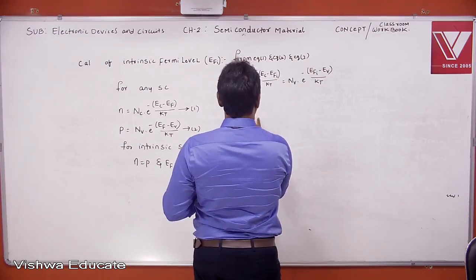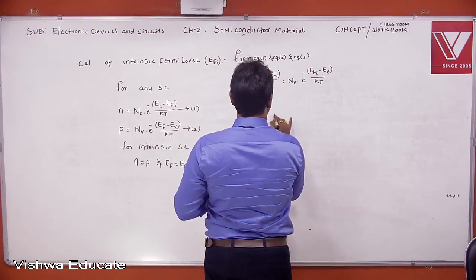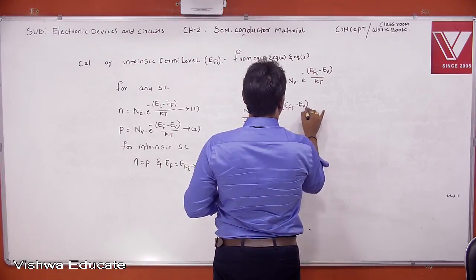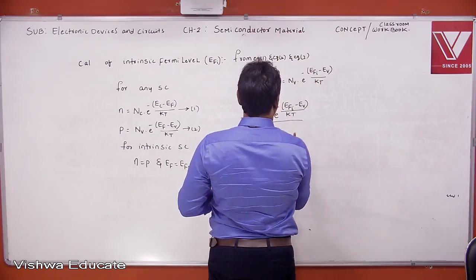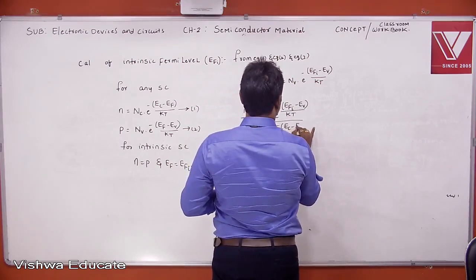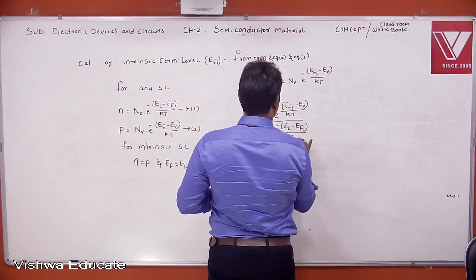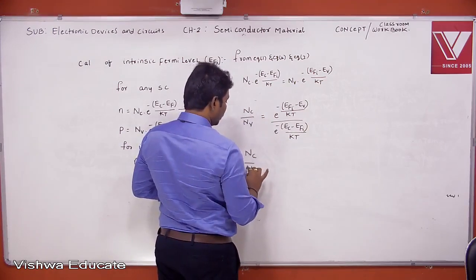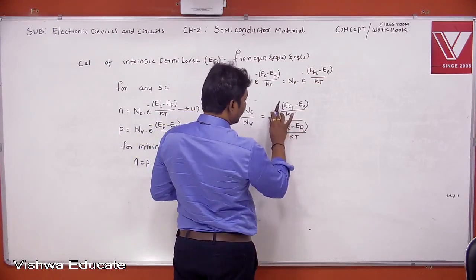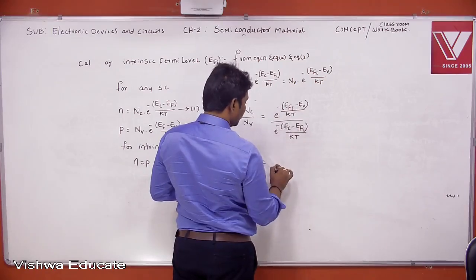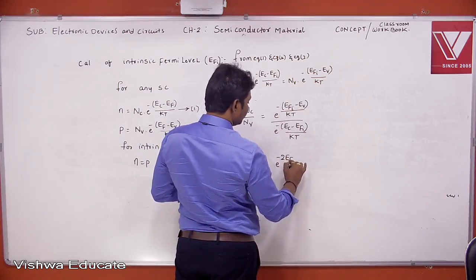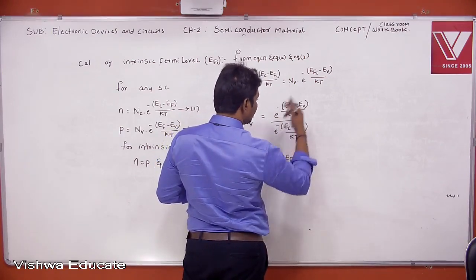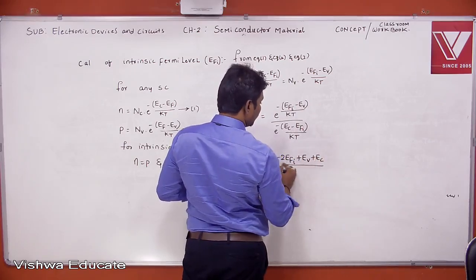Now, Nc by Nv equals e power minus (EFI minus Ev) by kT divided by e power (Ec minus EFI) by kT. Here minus EFI, minus of minus plus, becomes minus 2 EFI, and plus Ev, minus Ec, becomes plus Ec by kT.